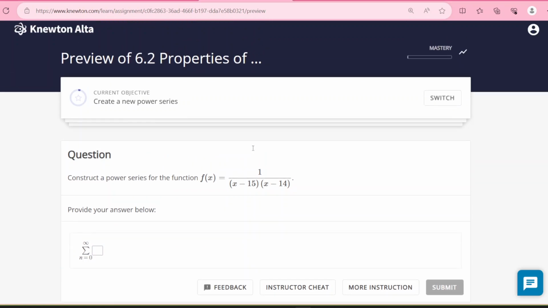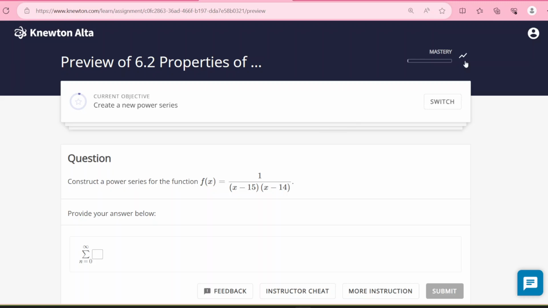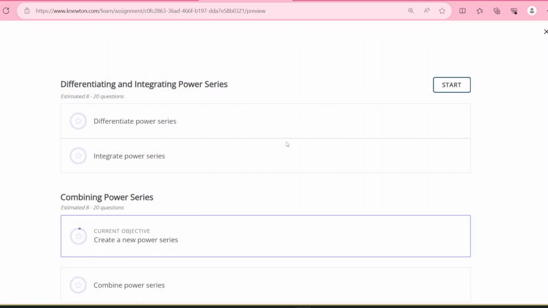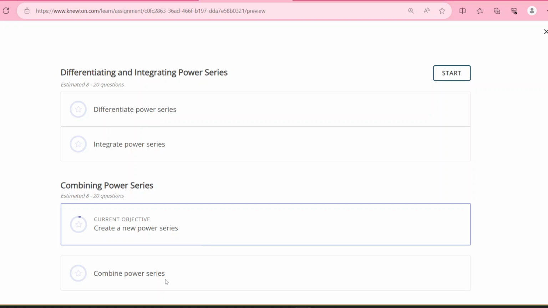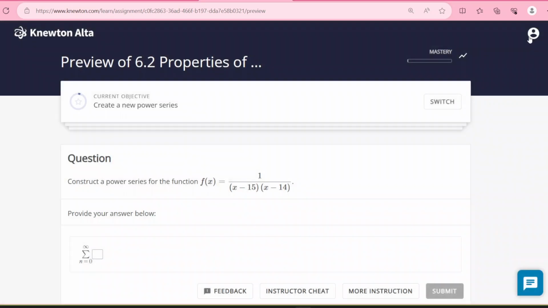Now, in this section, 6.2, if you look at the objectives and you look at the construction, create a new power series, or if you read through Section 6.2 of the openstax.org Calculus Volume 2 text, they talk about adding power series, combining, and creating new series by multiplying series.